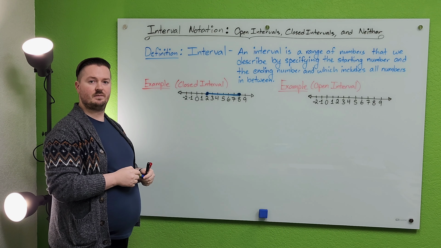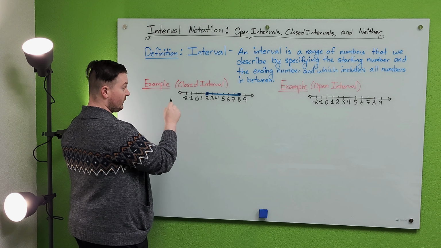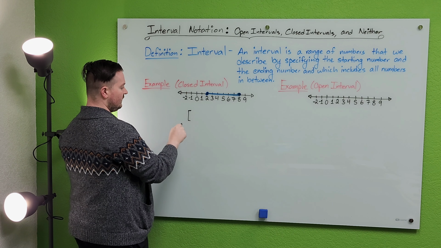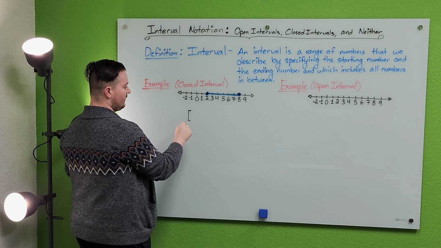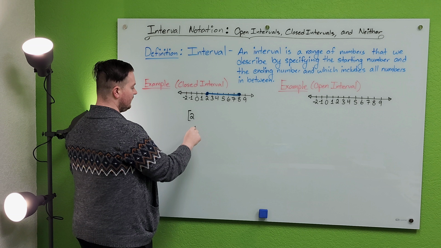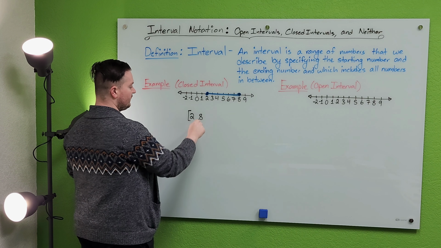So on a number line, this is how we visually show a closed interval, but this isn't interval notation. For a closed interval in interval notation, we use brackets. So we open a bracket and we say we are starting at the number 2, and 2 is part of our group. We put a comma, and then we put the number 8 as the final number in our group.